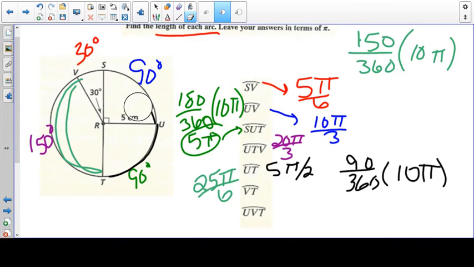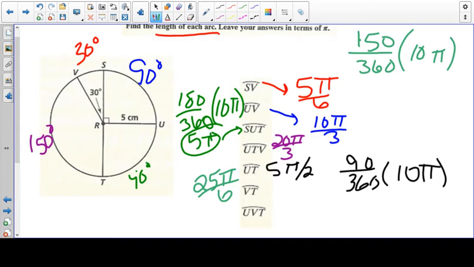Let me clean this up a little bit so I can see what I'm looking at. And last one, so we need one more color. Do orangey. I want UVT. Sorry, UVT. For some reason I thought I went more.